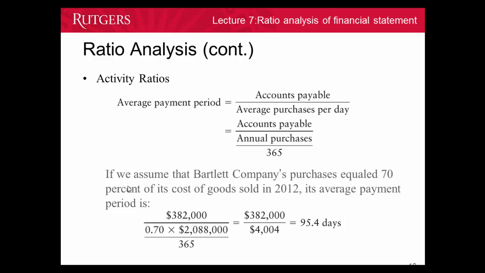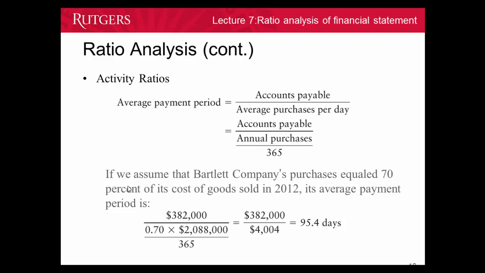Average payment period is another activity ratio. It is the average period taken by the company in making payments to its creditors. A shorter payment period indicates prompt payments to creditors. Average payment period also indicates the creditworthiness of the company, but a very short payment period may be an indication that the company is not taking full advantage of the credit terms allowed by suppliers.